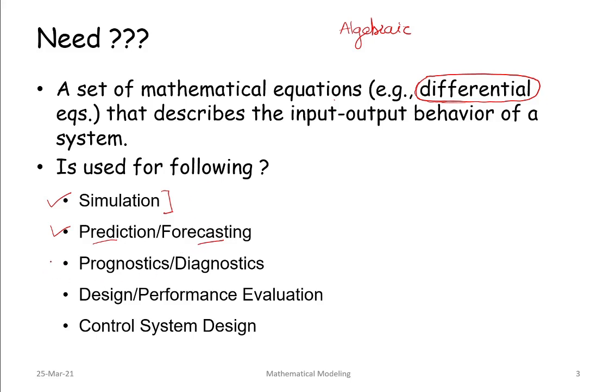Then the third is prognostic and diagnostic. You might have observed this when driving a two-wheeler or four-wheeler, you know the feelings of your car or two-wheeler. When something is going wrong, say the air in the left side tire has gone out, if it is punctured, my steering will move to the left side most of the time.